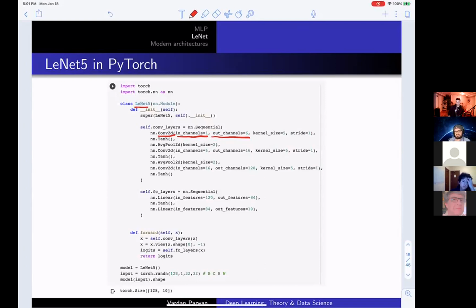Does this make sense? If you start with an image of a single channel and you apply this convolution, you would get a 3-dimensional tensor where you would have a width of 6. Now, the next thing we do is tanh, which is a nonlinear function.